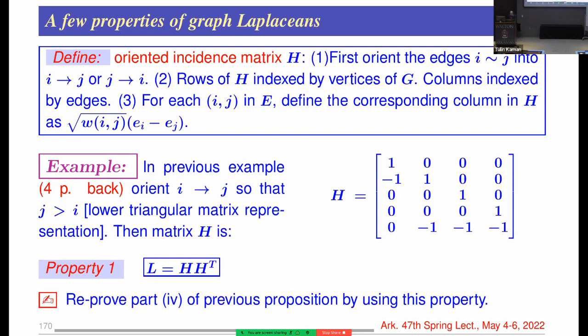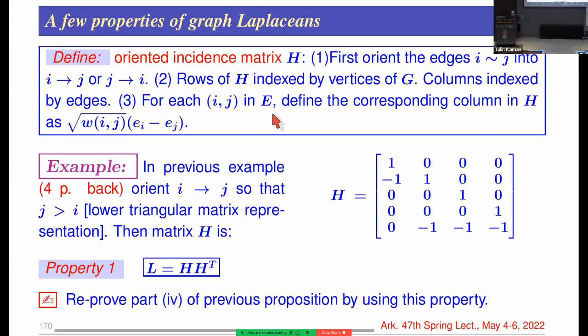Then the rows of H correspond to the vertices of G, and the columns correspond to the edges. So the number of rows is the number of vertices, and the number of columns is the number of edges.